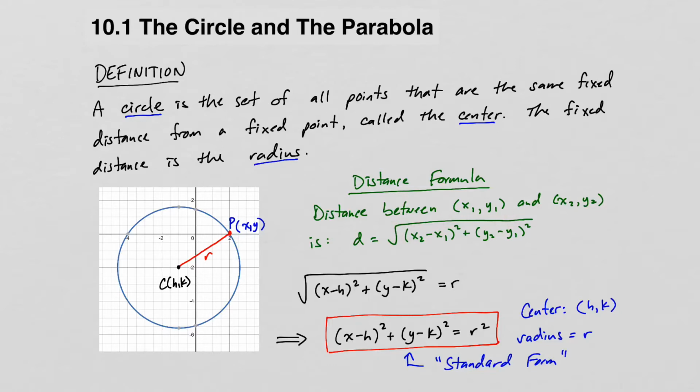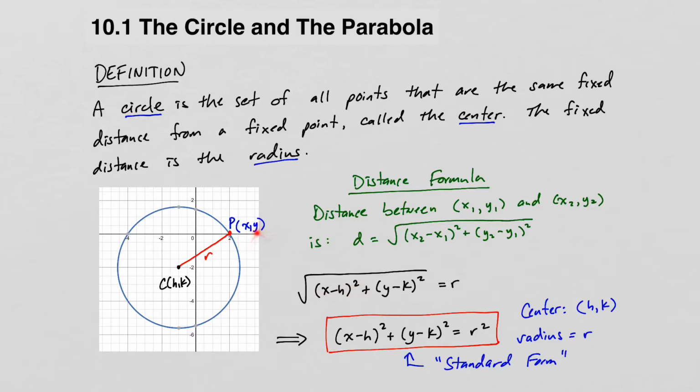So for our circle here, one of the points is the point P, that's (x, y), and the other point is point C, which is (h, k). So the distance between these 2 points: you take the x values, which are x and h, subtract those and square it.